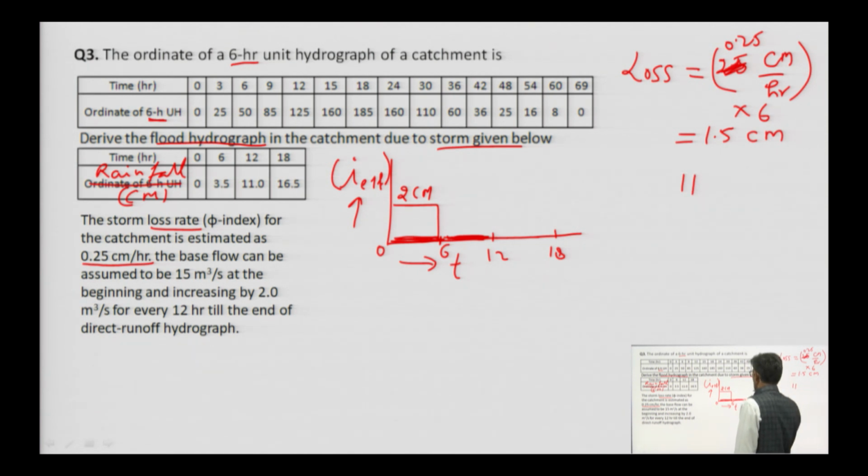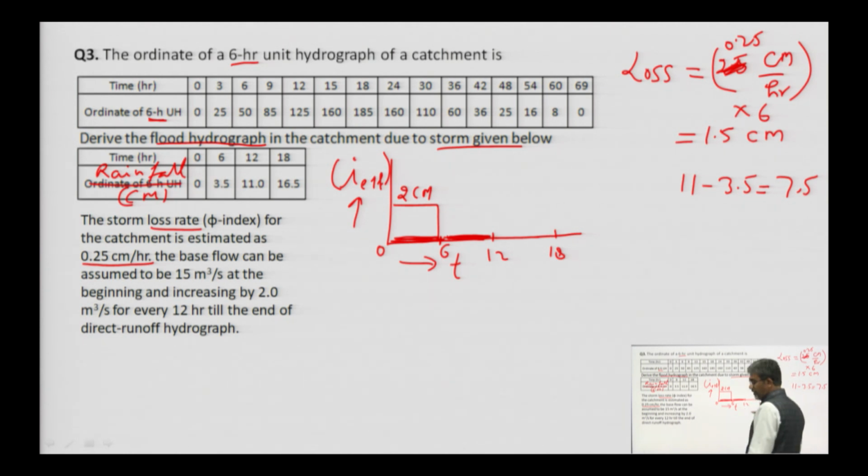So for the next interval it is 11 minus 3.5, which is 7.5, and the loss is 1.5.